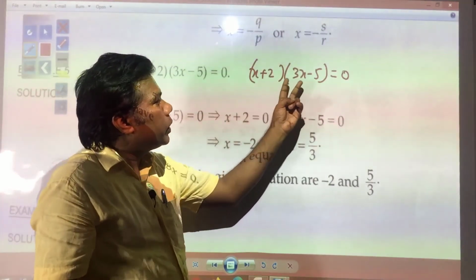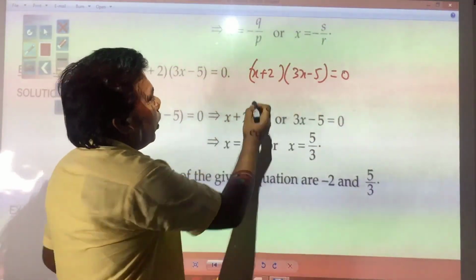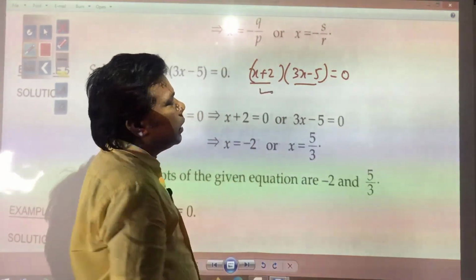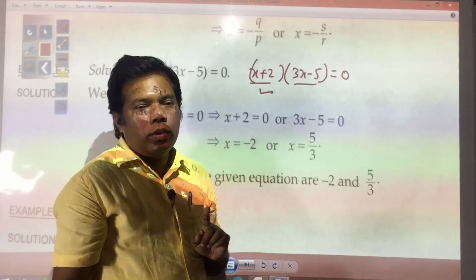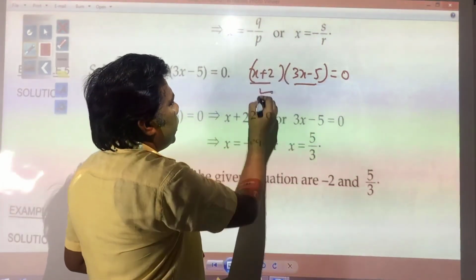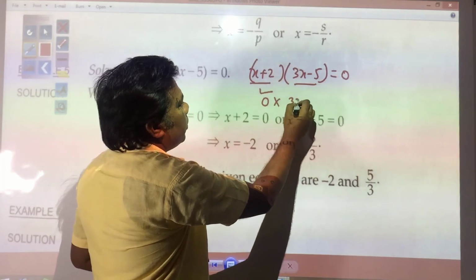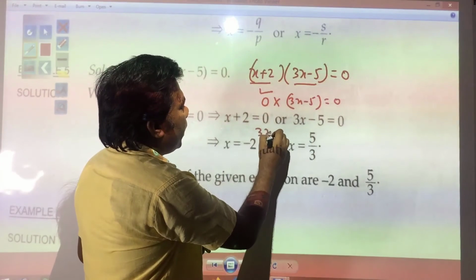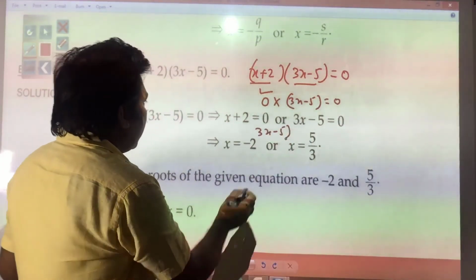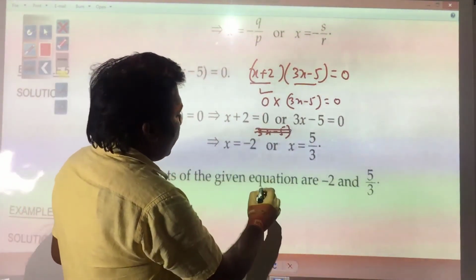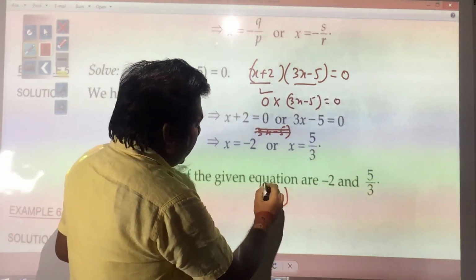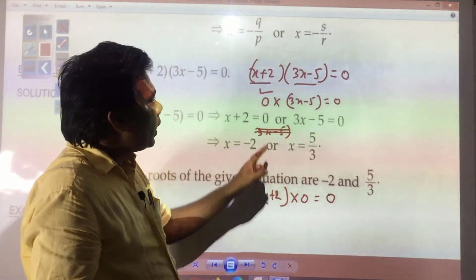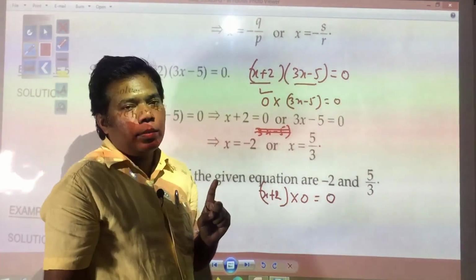If you have two numbers and the product of these numbers is 0, it means either the first number is 0 or the second number is 0. If this number is 0, then 0 into 3x minus 5 gives product 0, or if 3x minus 5 is there and x plus 2 is 0, then you will get product 0. It shows that either the first term is 0 or the next term is 0.